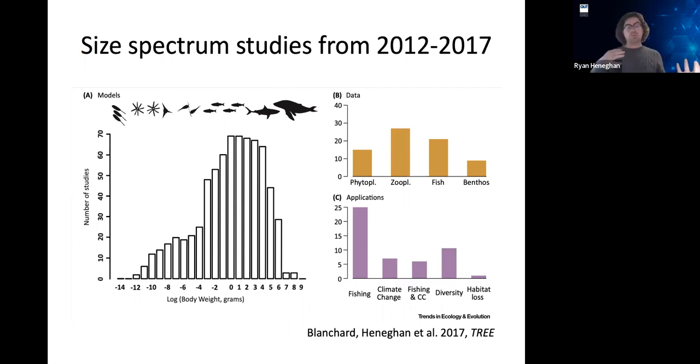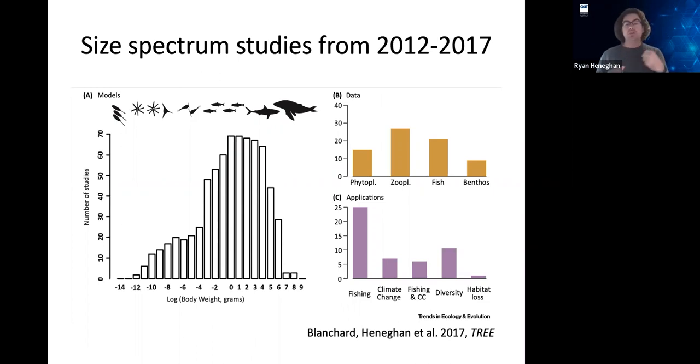And as I mentioned, living in an era of unprecedented change, people have used size spectrum theory to make observations as a metric of marine ecosystem structure, actually going out and counting systems. This is from a study looking at the size spectrum literature from 2012 to 2017.